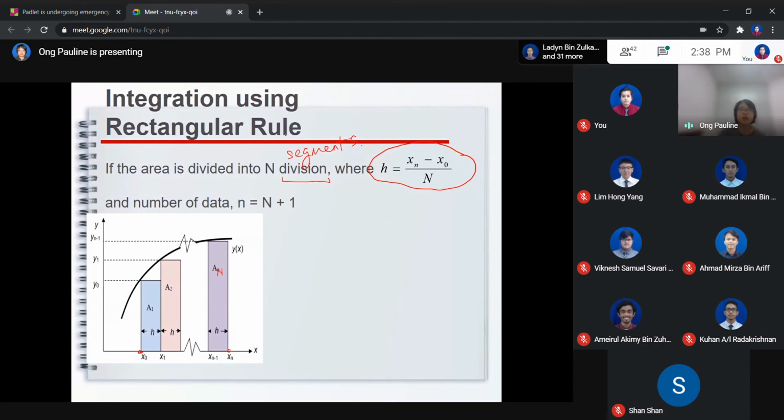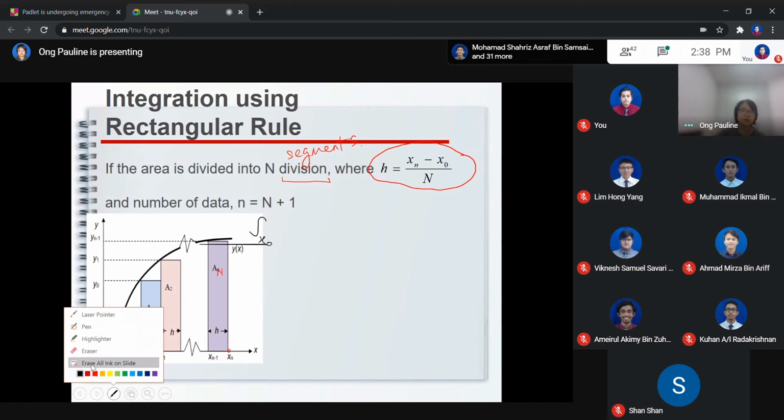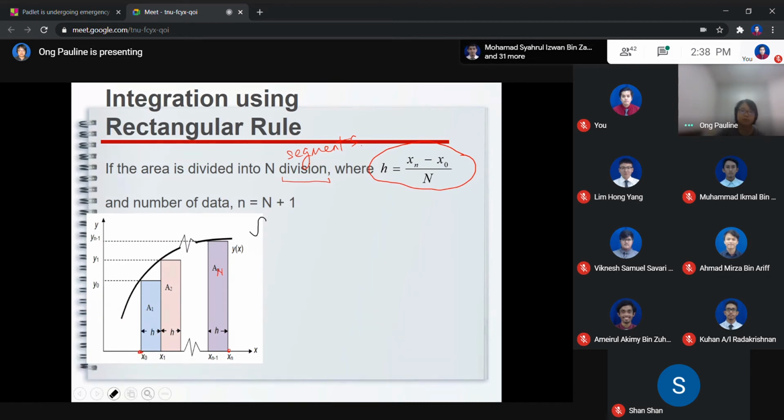Okay, so now let us try to derive the equations for the rectangular rule. I know that if I want to carry out the integration from x naught to xn for the function y(x) dx, this is actually trying to find the area of the region here.